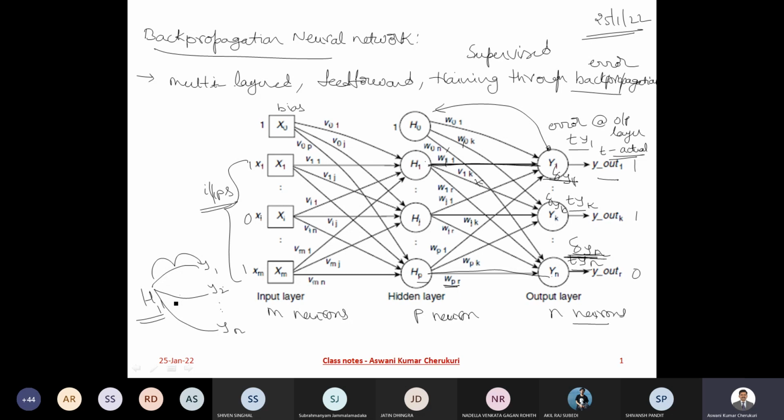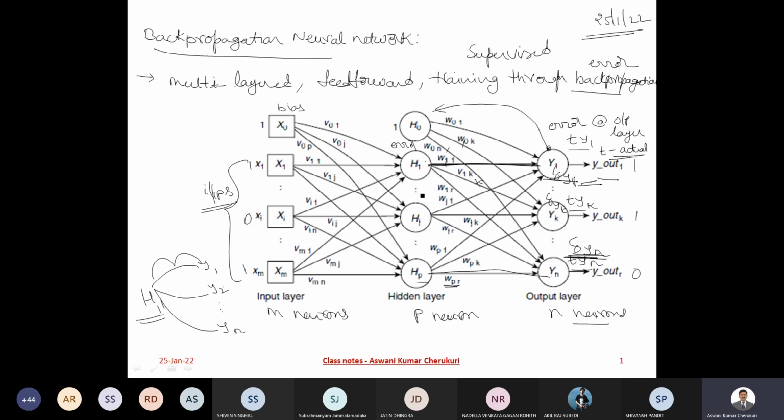Now, we calculated the error. We are saying we have done the error at the output layer. Now, are the connection weights only these connection weights? No, we have connection weights here also, between input and hidden. So obviously we have to calculate an error for the hidden layer as well.